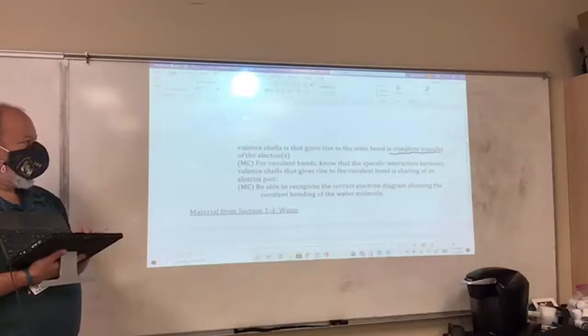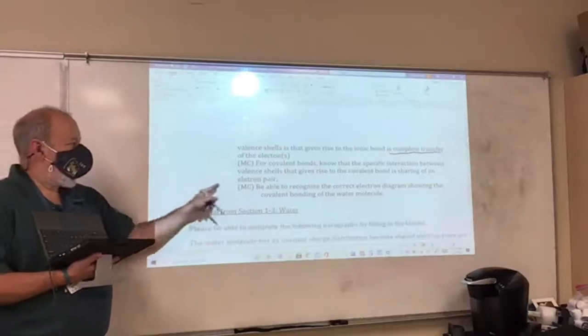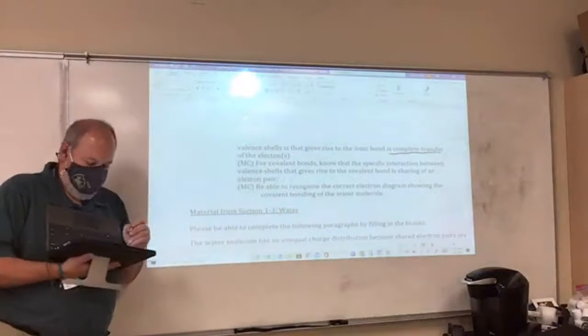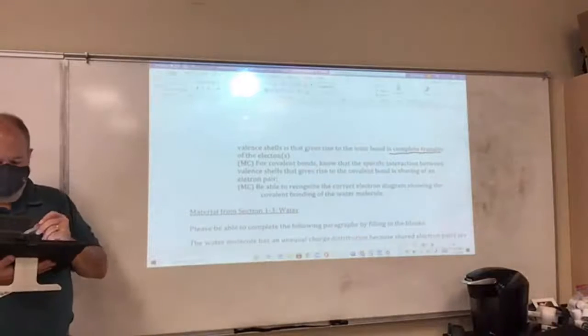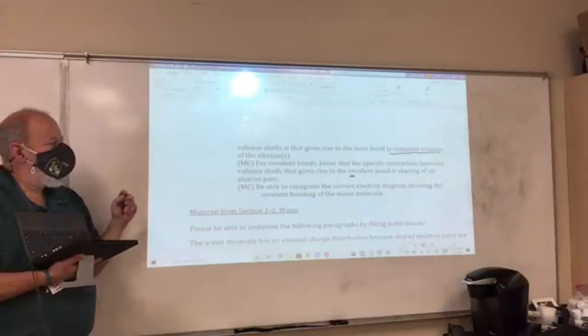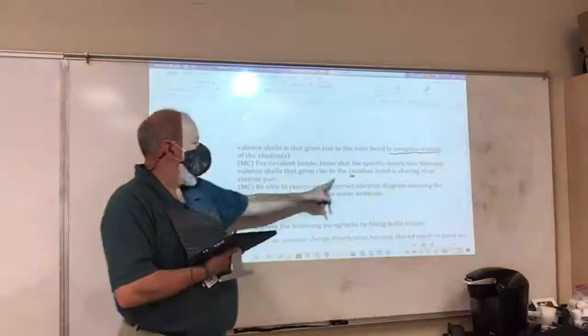For covalent bonds, know that the interaction is sharing of an electron pair. Okay? Sharing of an electron pair. Right? And the word itself means sharing. So even if you don't remember, look at the word.